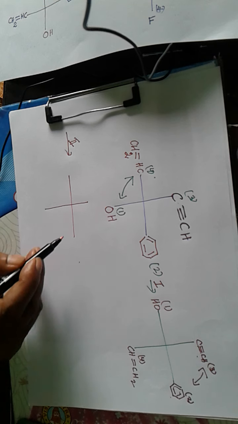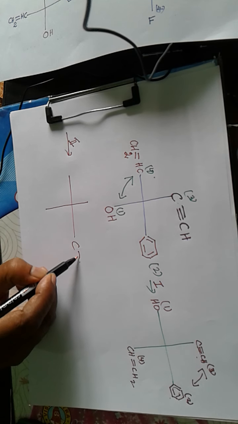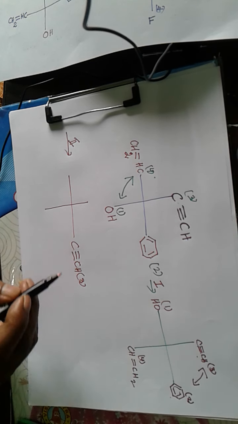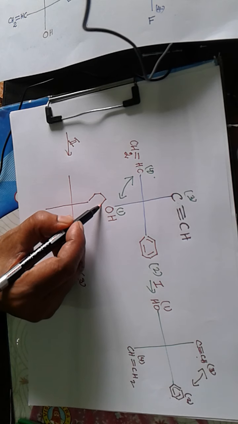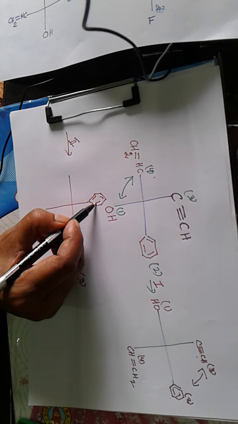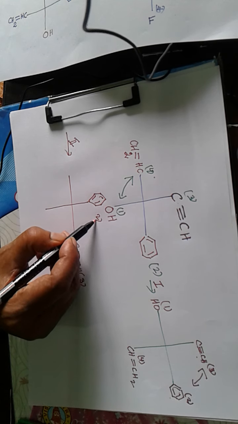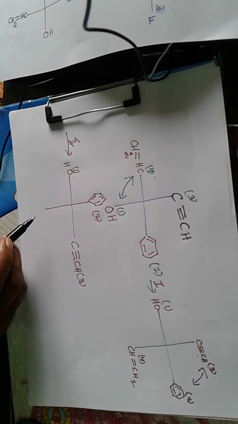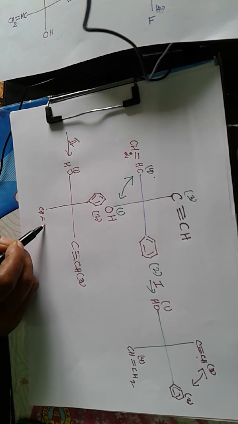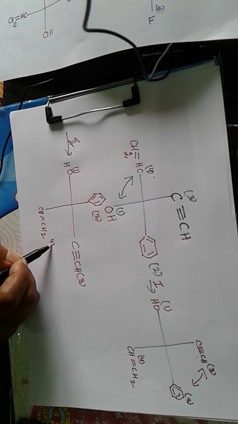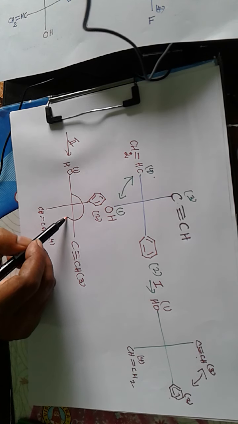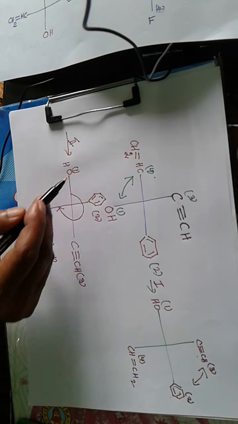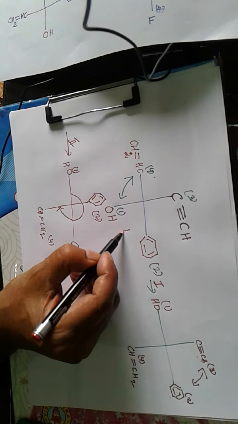Interchanging these two, you have C triple bond CH here, that is preference 3, phenyl coming here, preference 2, and OH coming here, preference 1, and the CH double bond CH2 coming here, preference 4. So the order is clockwise, so this is R, and since the number of interchanges is an even number, this is also R.